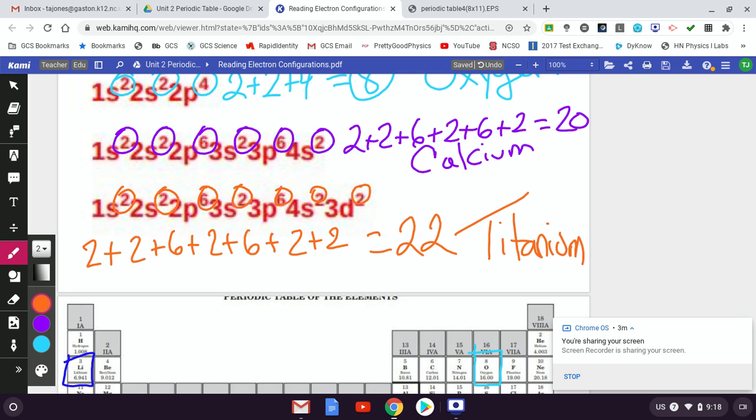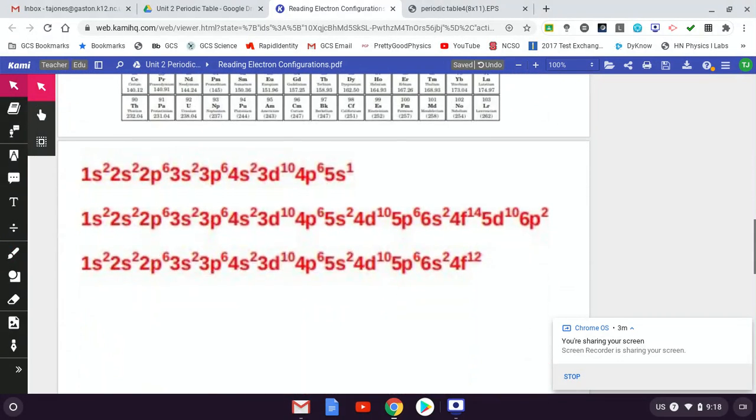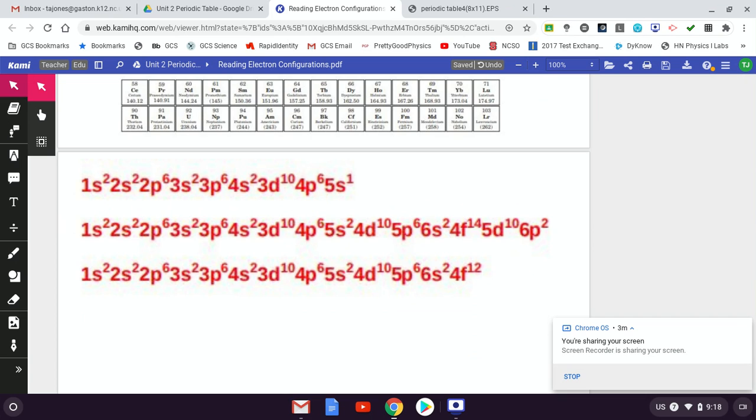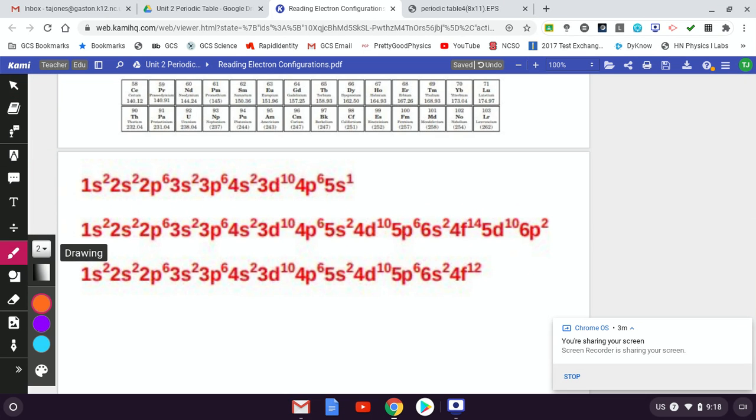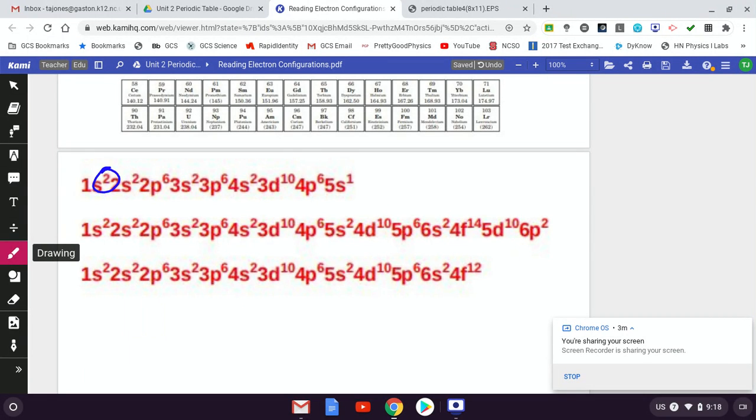The process stays the same even when you start dealing with super big elements, right? And like that second one on the screen here, it's a pretty good example of go get a calculator, right? 2 plus 2 plus 6 plus 2 plus 6 plus 2 plus 10 plus 6 plus 1.